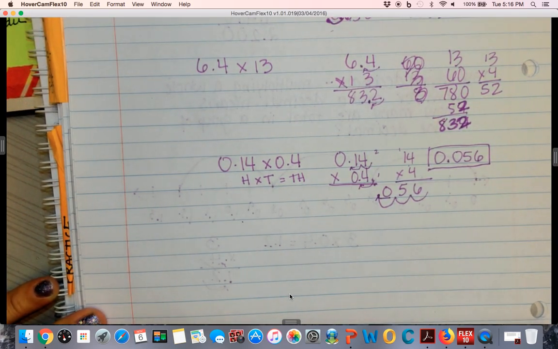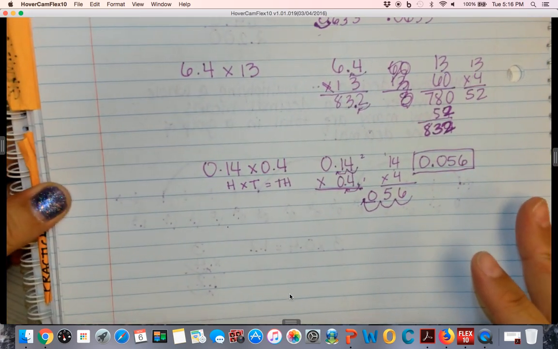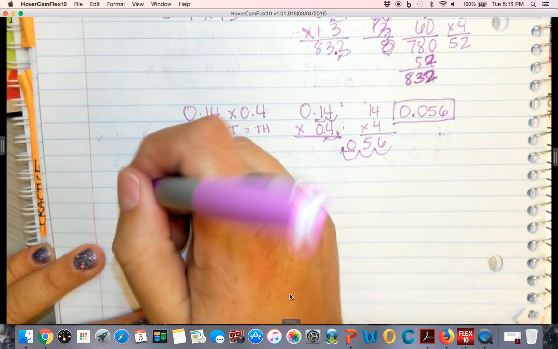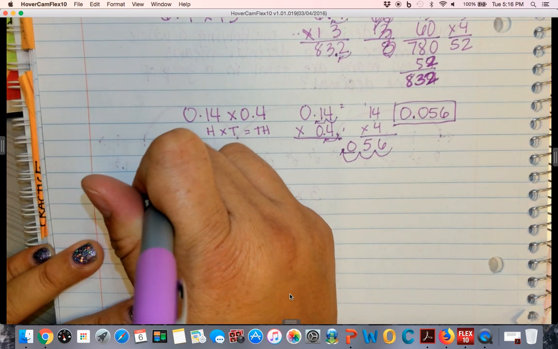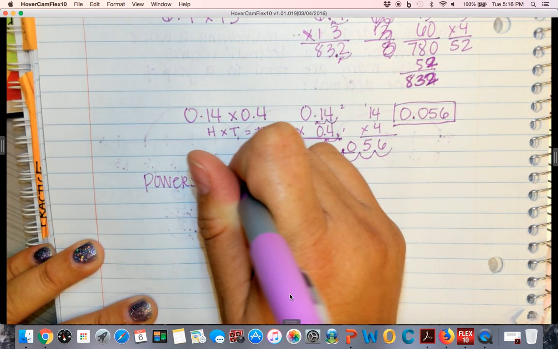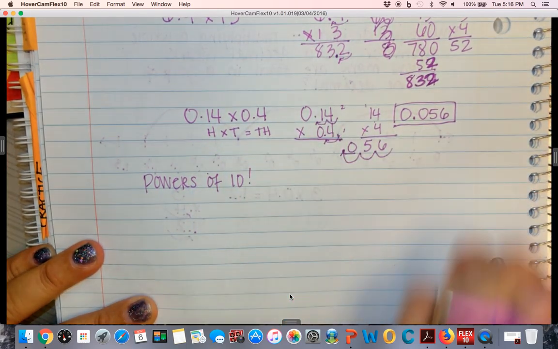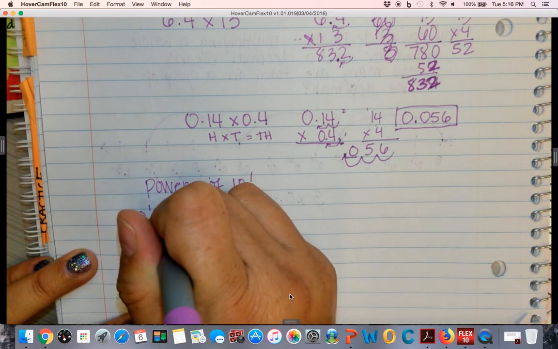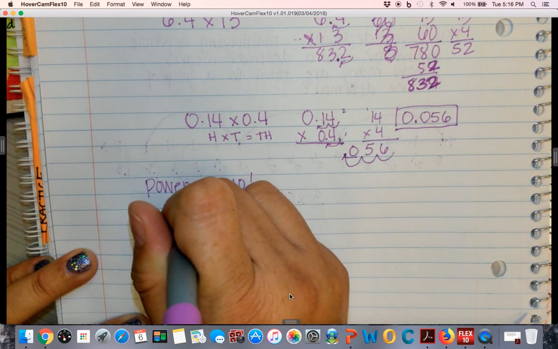All right, the last thing I want to talk about really quickly, which is going to lead into what we're going to be doing, is the powers of 10, and how powerful the powers of 10 are to help us. They're going to help us divide. So I know 10 to the power of 1 just means 10.